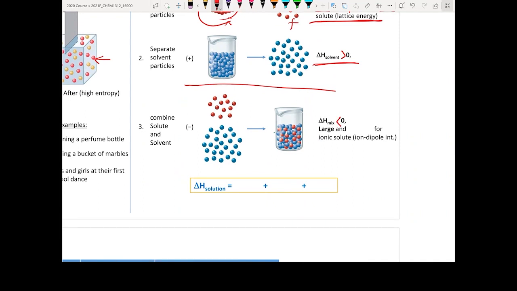Once you form the bonds, that means you're going to a lower energy, forming a lower energy species. So if you calculate the delta H of mixing, this one is always negative. If you have ionic solutions, it will be large and negative for the ionic solute solvent solution.